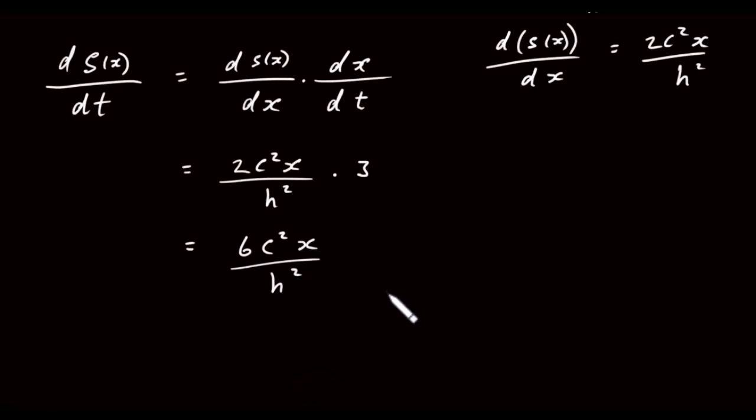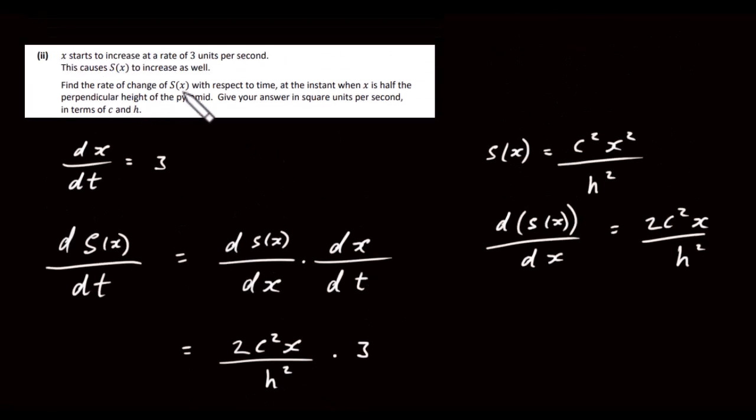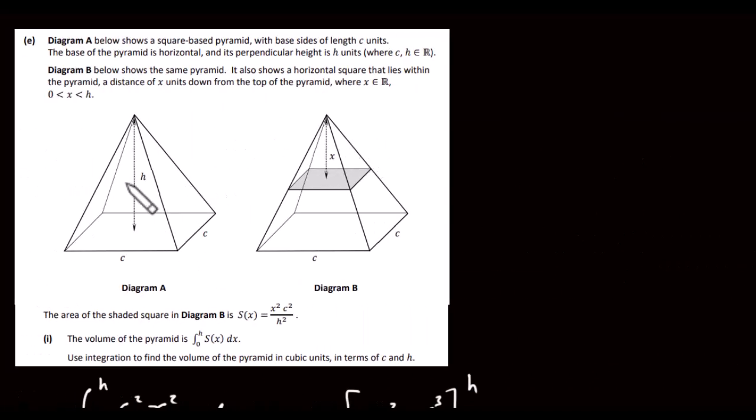Okay, so what was the actual question then? It says, find the rate of change of s of x with respect to time at the instant when x is half the perpendicular height of the pyramid. X is half the perpendicular height. So that means it will be down around here somewhere. So that just means x is going to be half h.